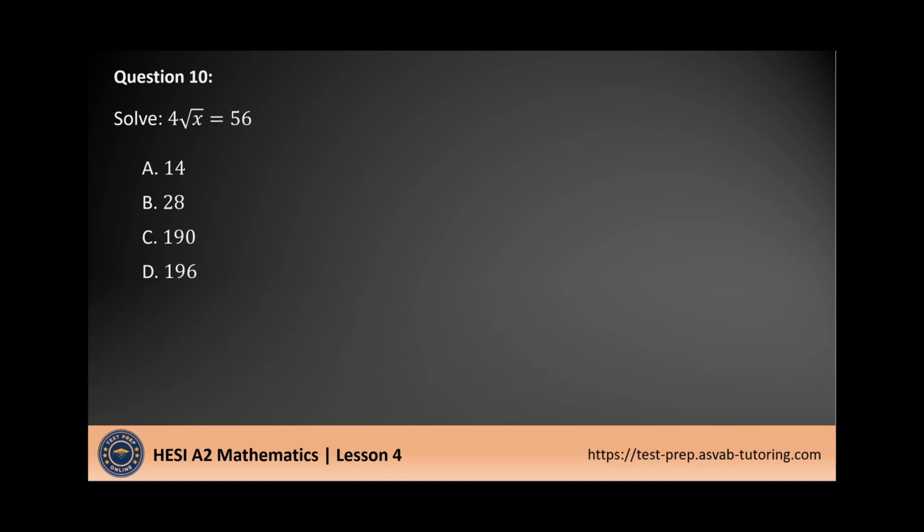Question 10, solve 4 times the square root of x equals 56. As always, we want to get the x by itself, so we can start by dividing both sides by 4. These cancel out.